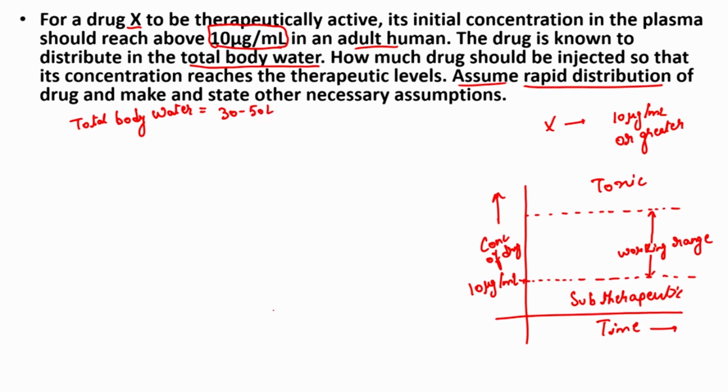So, let us take an example of 30 liters, and then we know what VD, the volume of distribution, is: the amount of the drug in the body, basically how much you are injecting, divided by the concentration in the plasma.